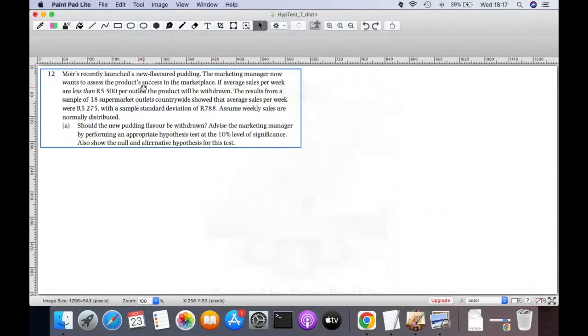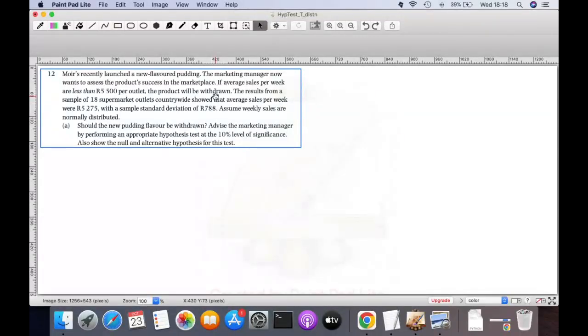All right. I'll read this again. It says, Moya's recently launched a new flavored pudding. So it's a new product. The marketing manager now wants to assess the product's success in the marketplace. If average sales per week are less than 5,500 per outlet, the product will be withdrawn.